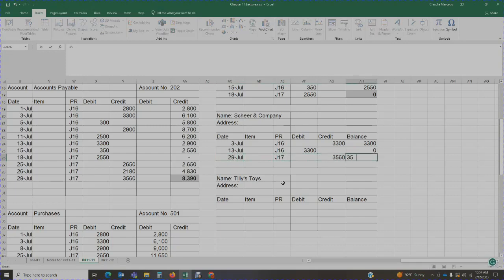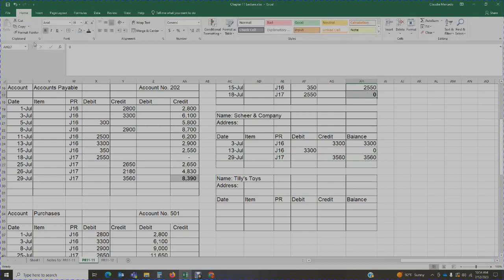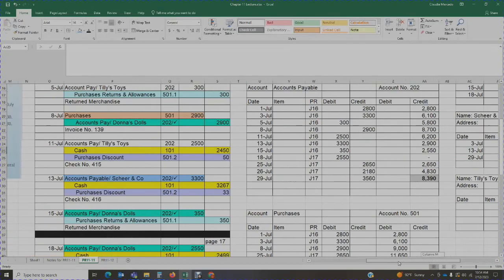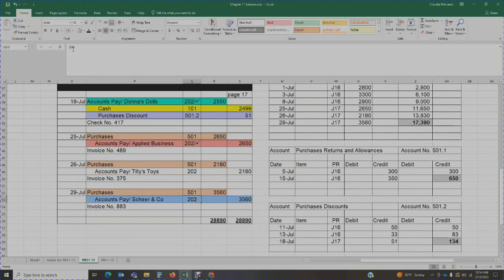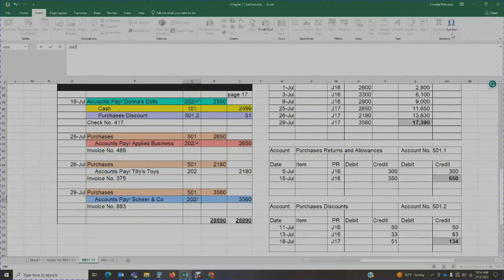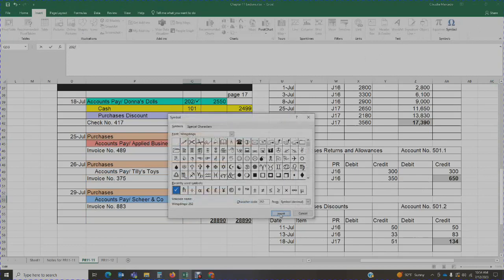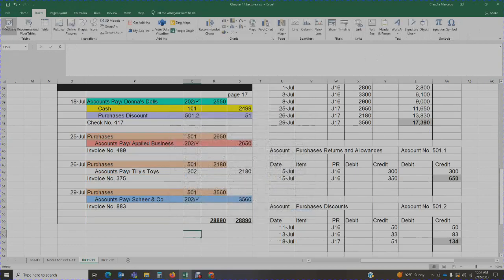So that is my balance. That is how much we owe at this point in time to Shearer & Company. Okay. I'm going to go back and post it to my account here. Don't forget to update your post reference with the correct information. If not, points will be deducted.